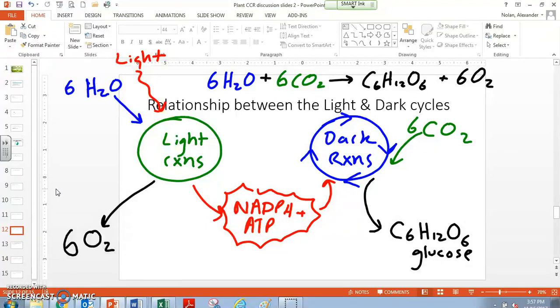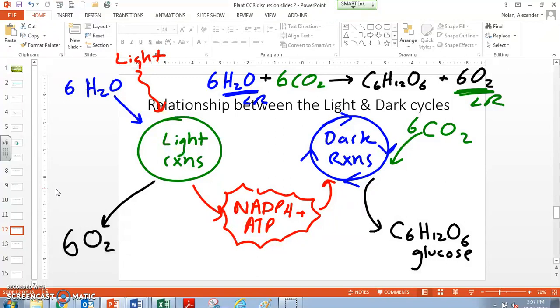So if we pay attention here, we see the things created by the light reactions are right here. Our oxygen is created by the light reactions. And then we also have our water, which is also being used by the light reactions. It's a reactant.